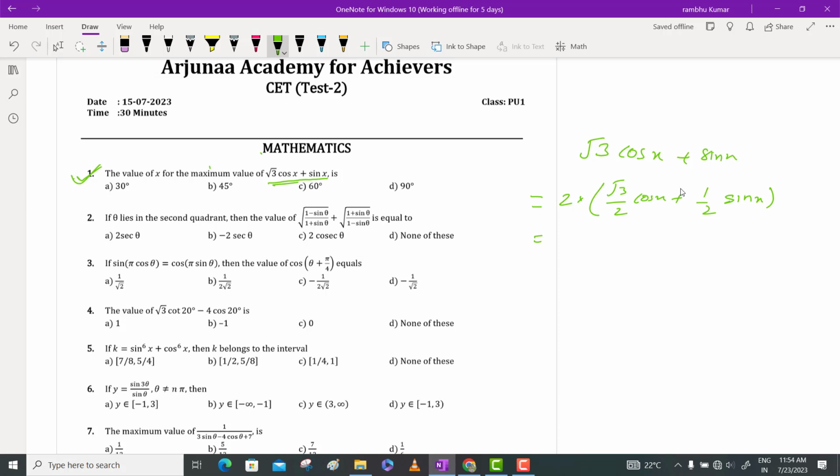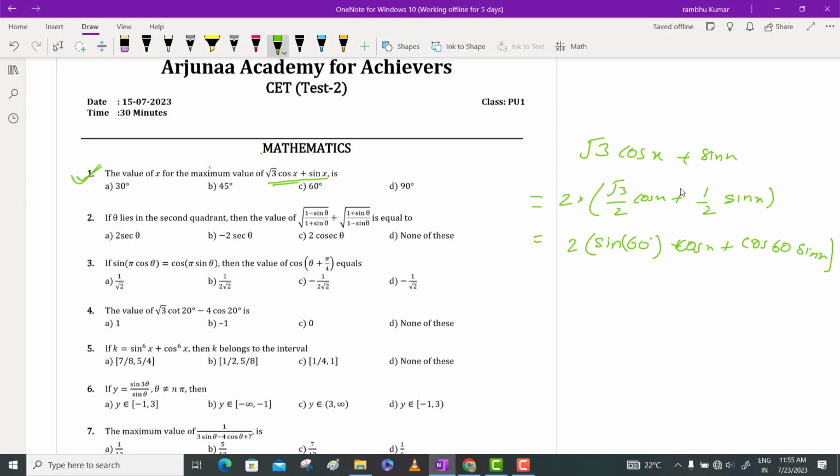Now you know this root 3 by 2 is nothing but sin 60 degree into cos x plus 1 by 2 is nothing but cos 60 degree, and here we have sin x. Got it?